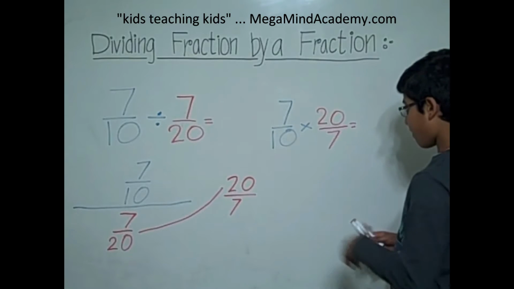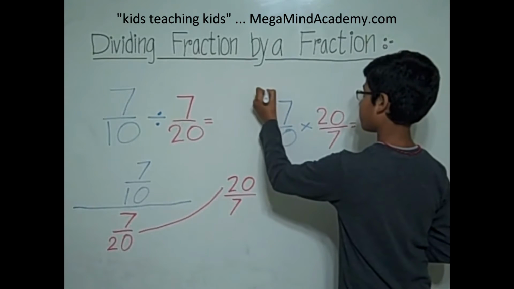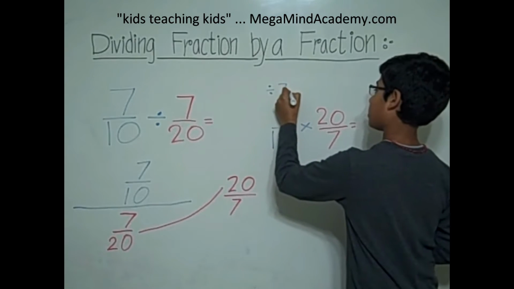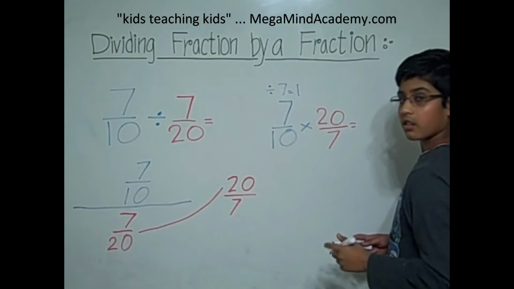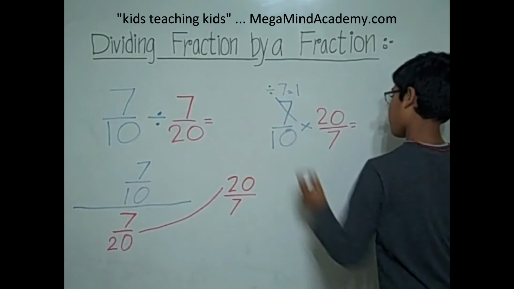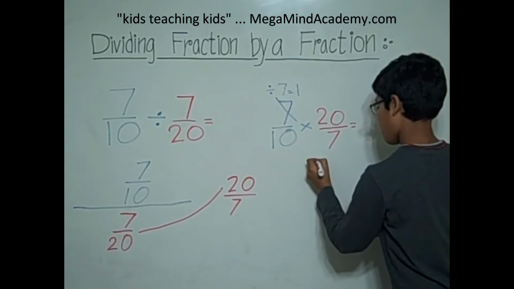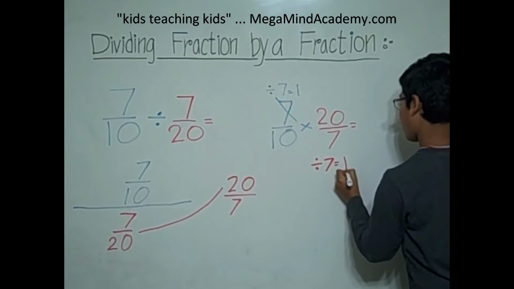Here, 7 and 7 are both divisible by 7. 7 divided by 7 is equal to 1. 7 divided by 7 is equal to 1.